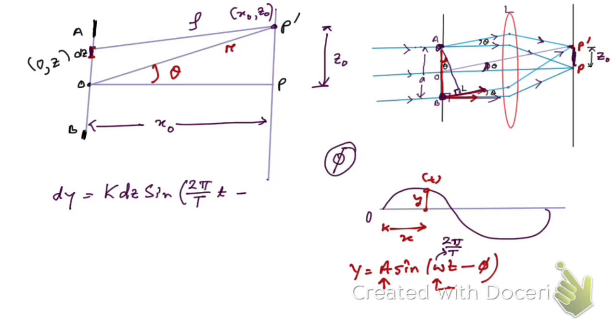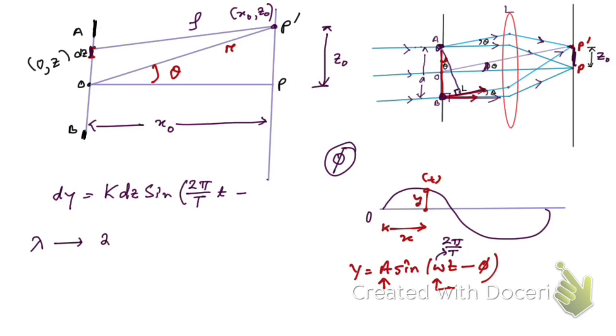Now you can see that when the path difference is lambda, equal to the wavelength, then the phase will be, this is half cycle pi, this another half cycle 2 pi, total 2 pi.